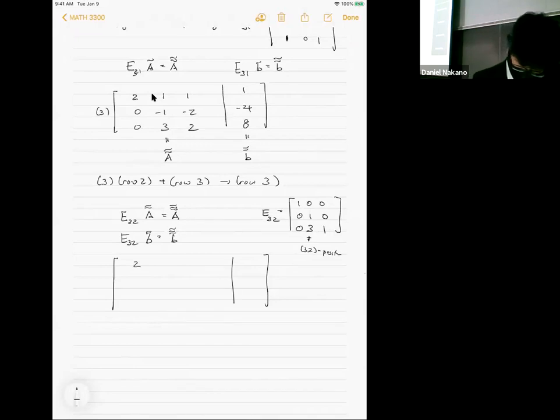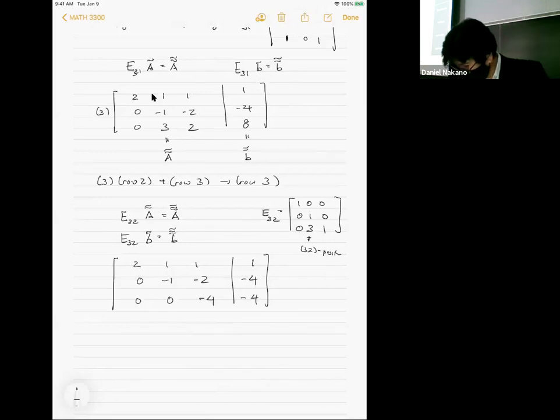So this is 2, 1, 1, 1, 0, -1, -2, -4, 0, 0. Minus 3 times minus 2 is minus 6, plus 2 is minus 4. And finally, I get a minus 12 plus 8, that's minus 4 also. All right.